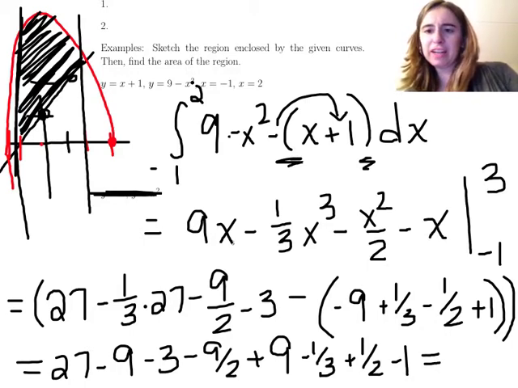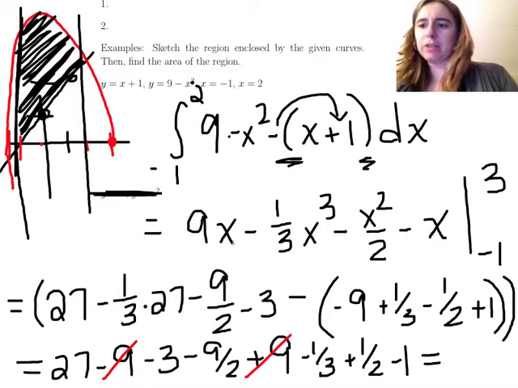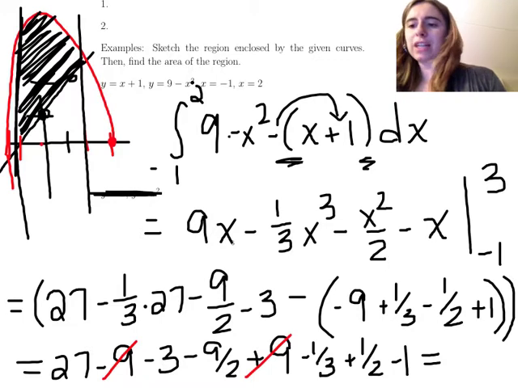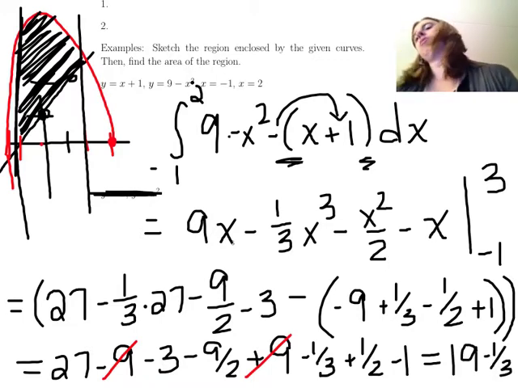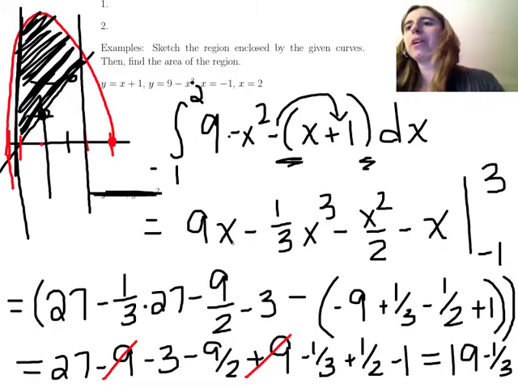So if we calculate all that out, it looks like these 9's cancel, and we're going to take 27 minus 3, which is 24, minus 1 is 23, and then minus 8/2, which is minus 4, so that's 19 minus 1/3. So 18 and 2/3 would be our answer for the area in this little region.